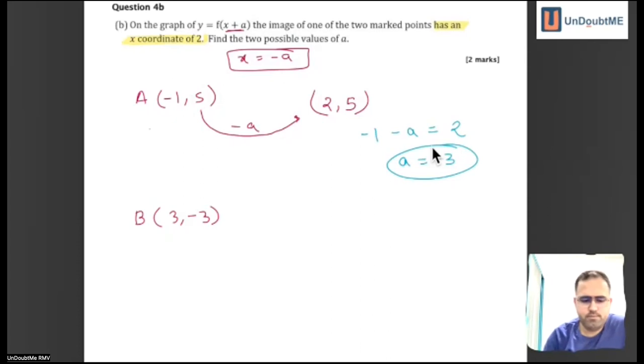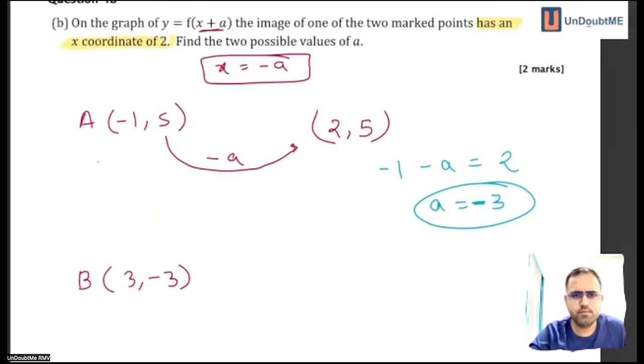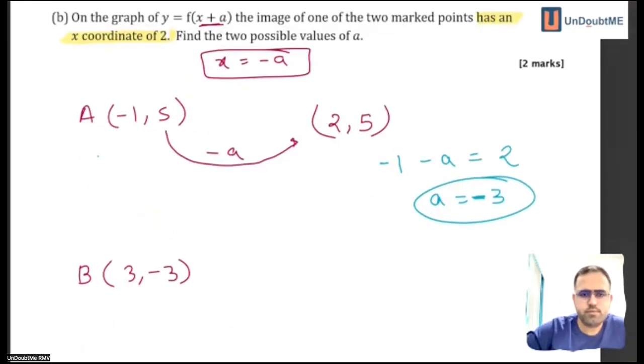So it is minus 3. And if that is clear, then try the next one.